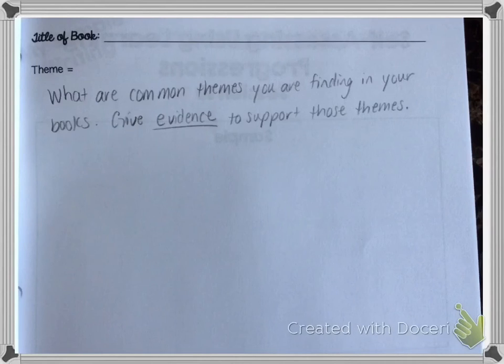So what I want you guys to do today, don't forget to write the title of your book that you are reading. I want you to be thinking about those themes. What are some of those common themes that we're finding in our books? And look at that chart a couple slides ago to give you some jumping off. If you also have some other ones that you feel are really strong evidence or strong themes, use those too.